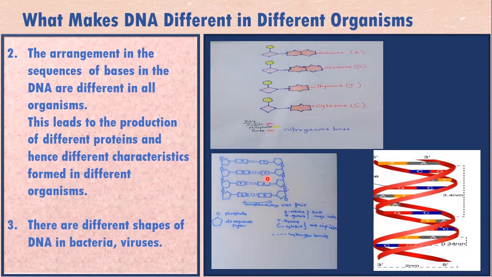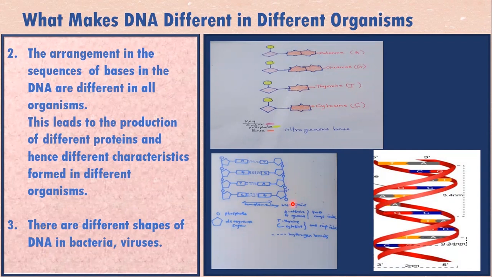You can have a different sequence with even one change. Instead of thymine, adenine is changed. It will be different, and it will produce a different amino acid and finally end in a different protein. And so it will be a different variety. And finally, many such differences in sequences of bases will lead to a different organism.